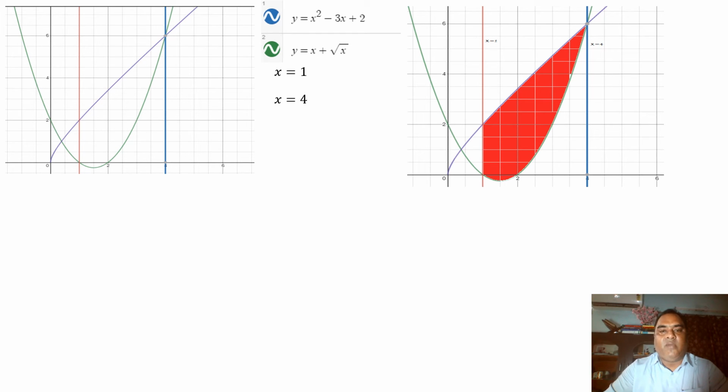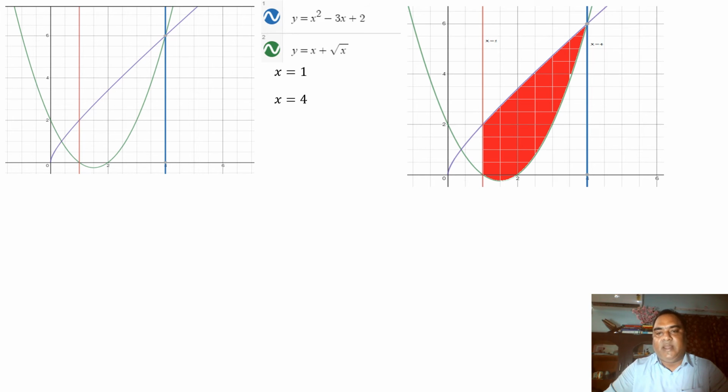Now we take the same two equations and find the area enclosed by the bounds x equal to 1 and x equal to 4. Although 4 is just the second root of x, we will find the area covered between x equal to 1 and x equal to 4. If you look at the graph given here, we need to find the area of the highlighted portion in red.